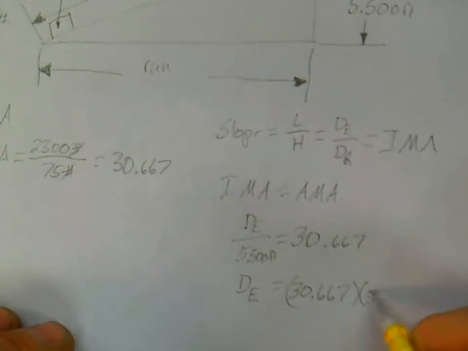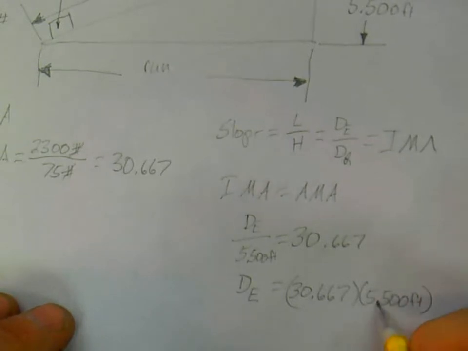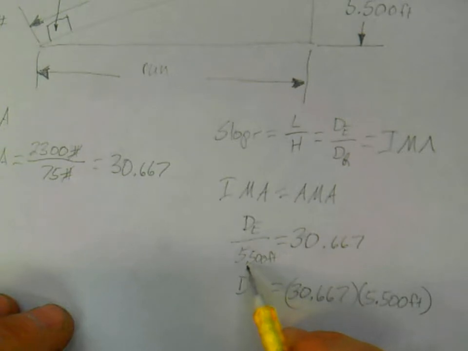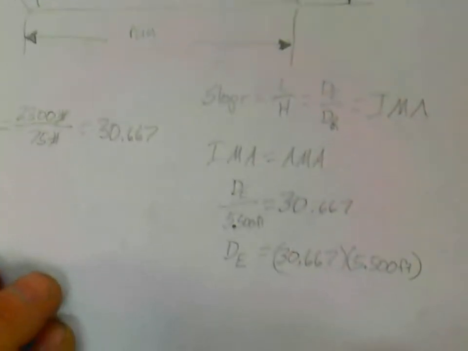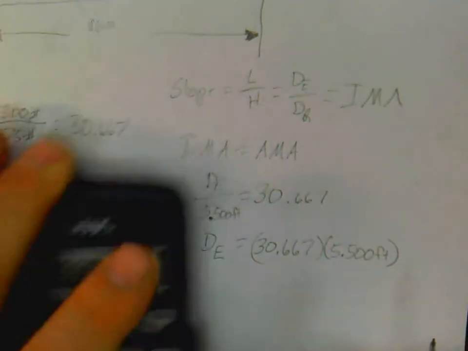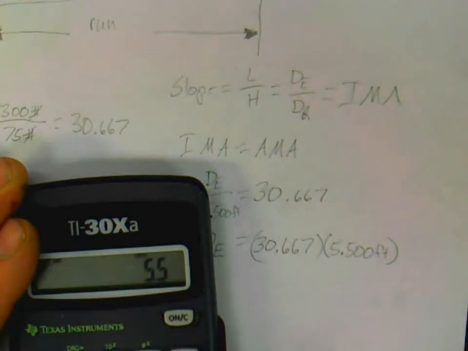Again, I just about messed up because I was reading that as a comma instead of a period, so we do need to make sure neatness counts a lot here as we go through. Get my calculator. 30.667 times 5.5 equals, our DE here is 168.667 feet.